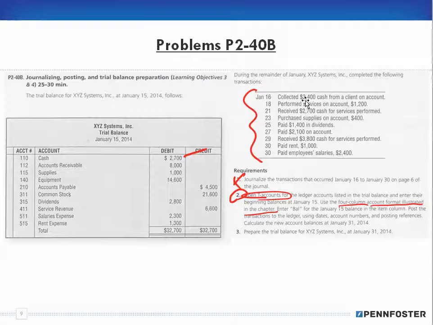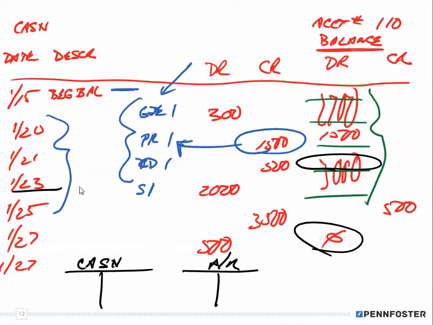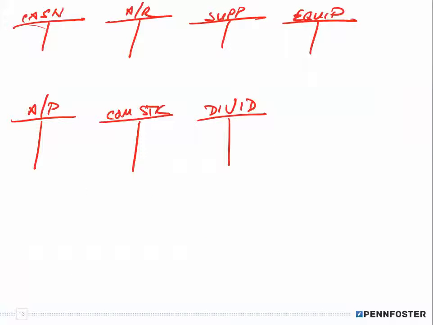What's a trial balance? A trial balance is nothing more than your ledger accounts and the balances in the accounts. We'll notice that I have dividends, but I don't have a retained earnings account. That's fine if you decide not to put a retained earnings account. However, I would start thinking along the lines of having one, because you're going to end up moving your revenues and your expenses, that profit or loss, to your retained earnings account.